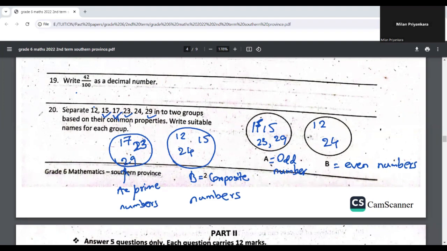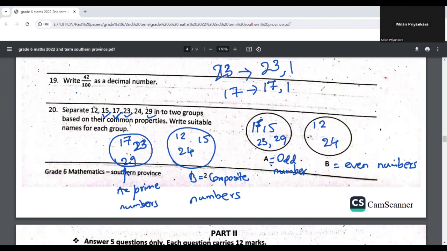I think you understand prime numbers and composite numbers. Prime numbers are the numbers which have only 2 different factors, which are 1 and the number itself. For example, if it is 23, the 23 has only 2 factors, which are 23 and 1. If it is 17, there are only 2 factors, which are 17 and 1.